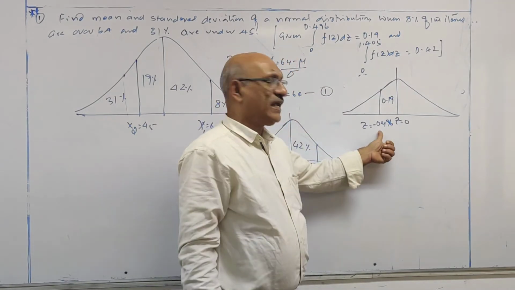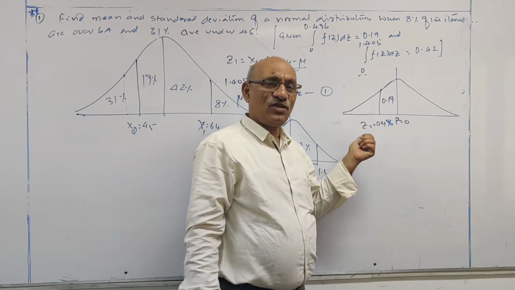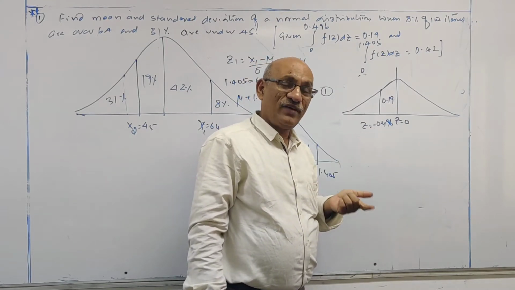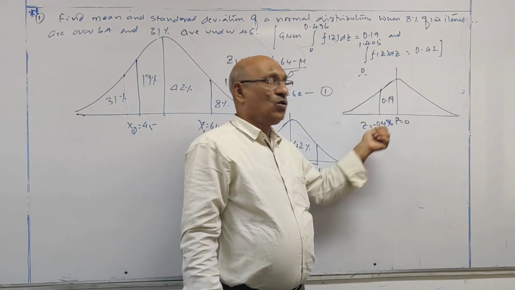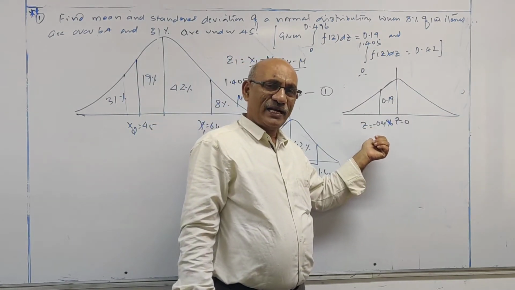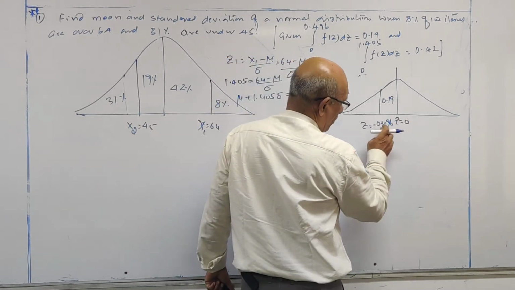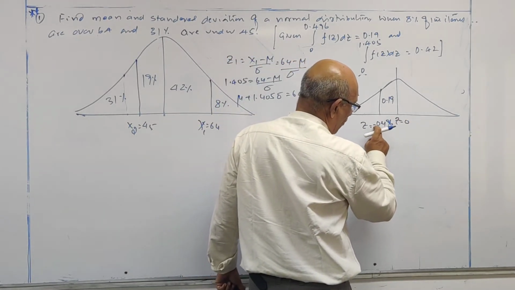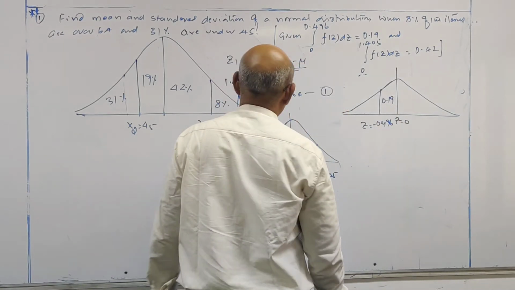I am representing it on the left hand side. When will I come to the left hand side of Z is equal to 0? When the calculated value of Z is negative. I can go to the left hand side only when calculated value of Z is negative. So Z is equal to 0 to this one, or minus 0.496 to 0, this is 0.19.